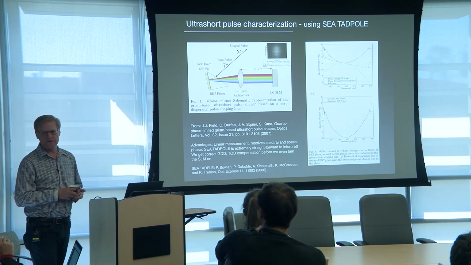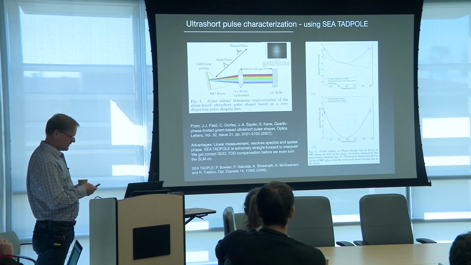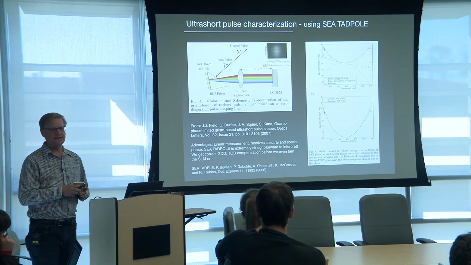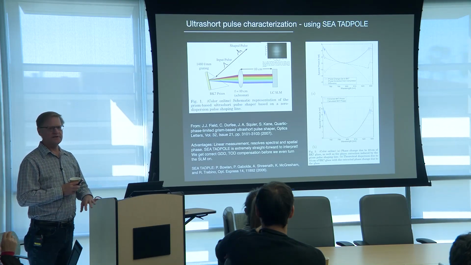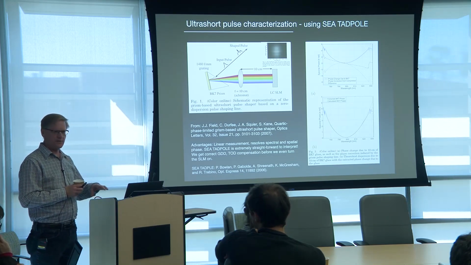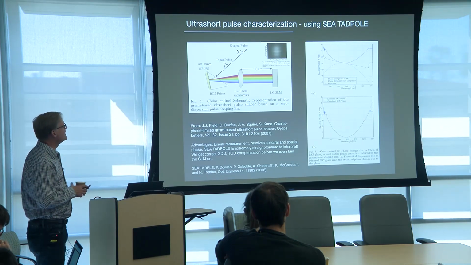So for us, if you're interested in pulse shaping, this was our pulse shaper where we used a grism, and then we've got the liquid crystal modulator. And because it's a linear technique, we could pick off the light before it went into the microscope, and we could measure the phase that we're imprinting onto the pulses in real time really easily.